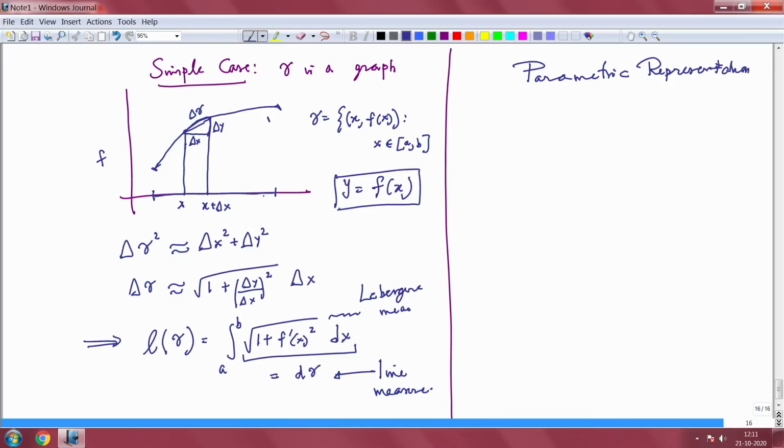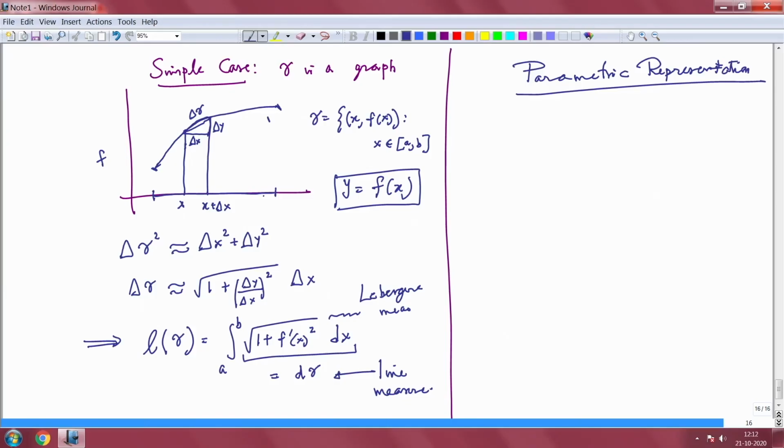This somewhat gives immediately an idea if you want to find a kind of measure, and I will come back to it more soon.